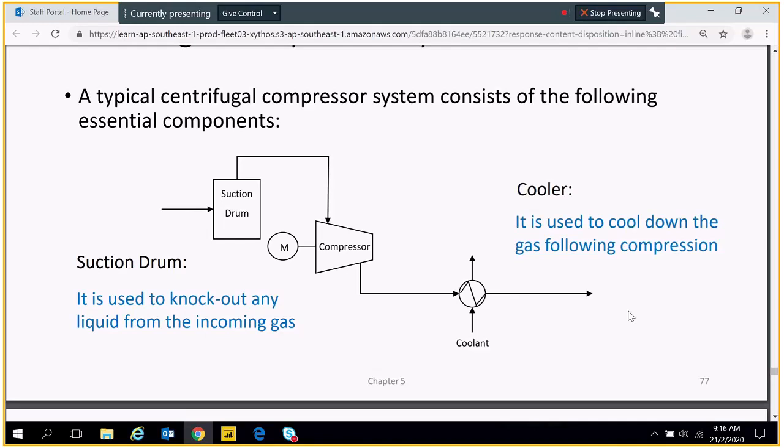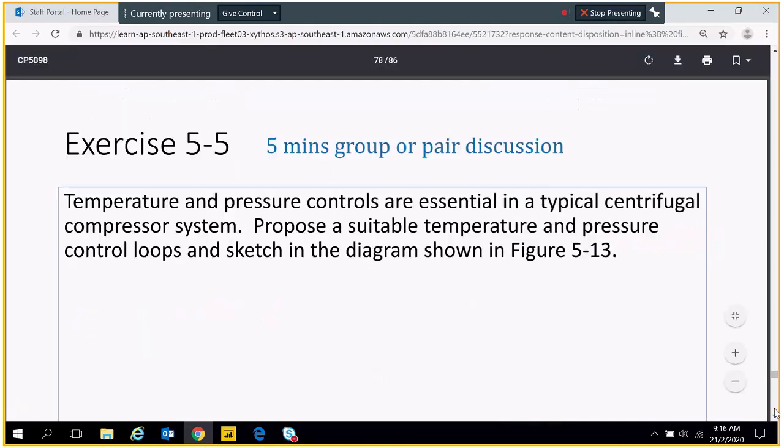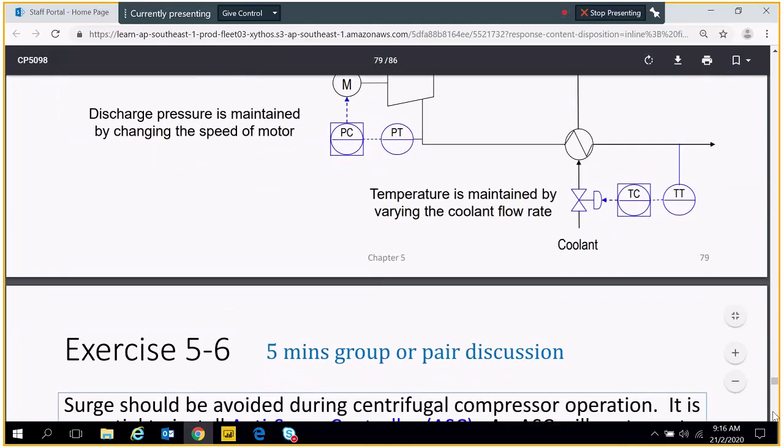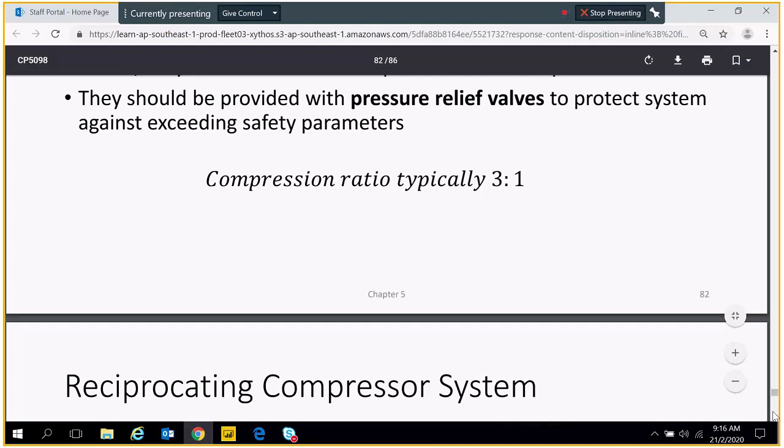High temperature is no good for yield point and ultimate tensile strength, as you have seen in your first year. Then the suction drum is to knock out any liquid from the incoming gas.